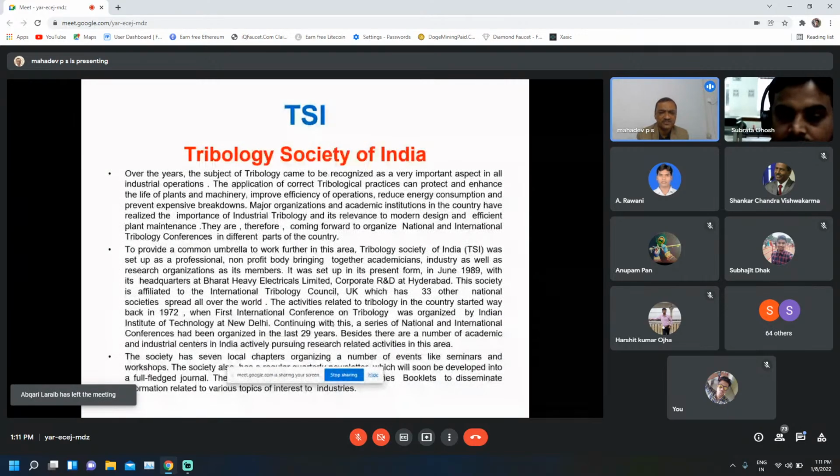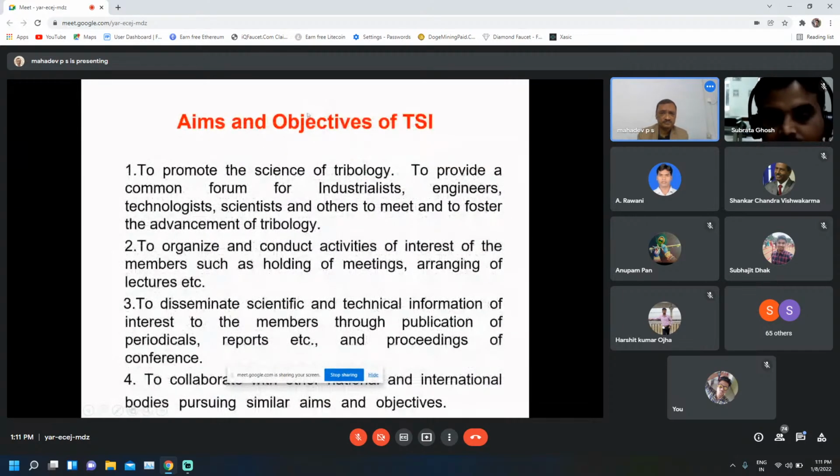No registration fee is there. Initially you can become a member by paying some amount of fees. These are some of the aims and objectives of the Tribology Society of India. You can join as a lifetime member by paying around 2,500. I don't know, presently the registration fee may have increased.